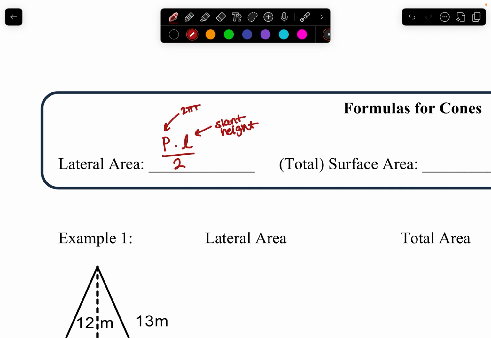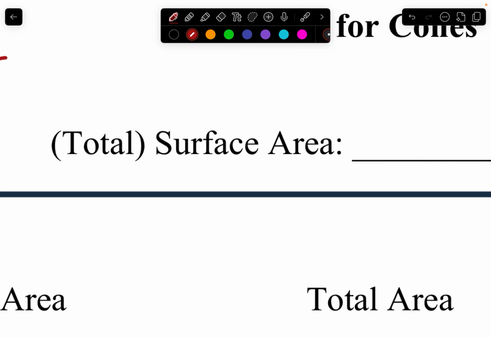Okay, now total surface area is going to be like all of the other areas that we've talked about, but in the last two videos we've had in prisms and cylinders, because both of those shapes have two bases, we would have to add our two bases to the lateral area. In a cone, we only have one base, so we're still going to do lateral area, and then we're going to add the one base that we have instead of two bases because cones don't have two bases.